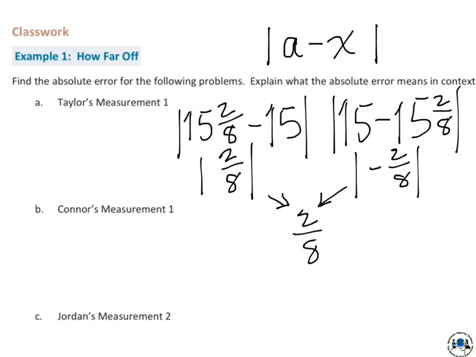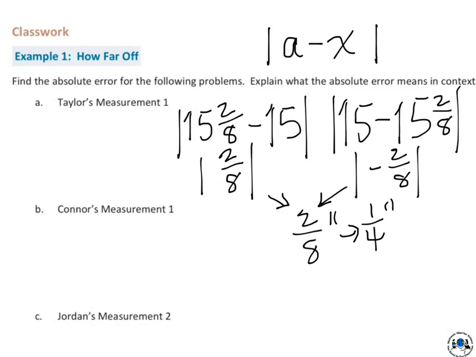So we have an absolute error for Taylor's measurement 1 as 2/8 inches. Now, 2/8 inches, if we want to break that down, we know is a 1/4 inch, which is a measurement we would see on a ruler, for example.